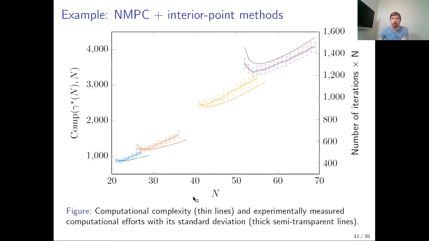To highlight one of the best results we obtained: the nonlinear MPC problem plus interior point methods. Here are the theoretical estimates for complexity with thin lines, and these are the experimental results.